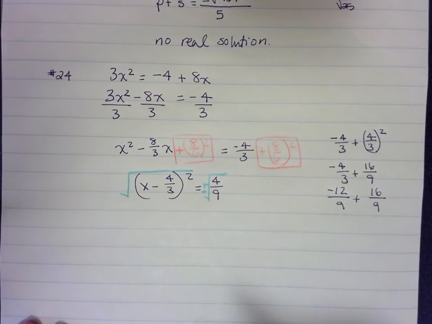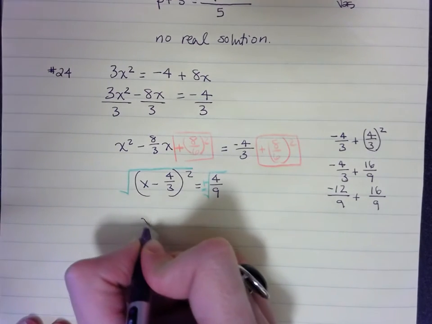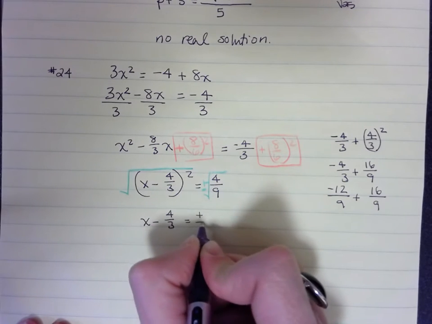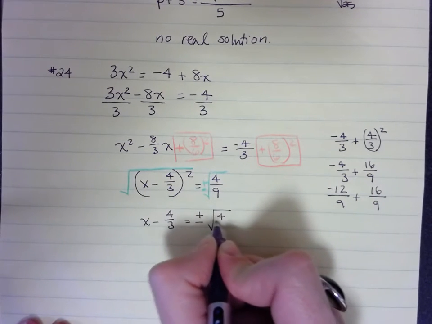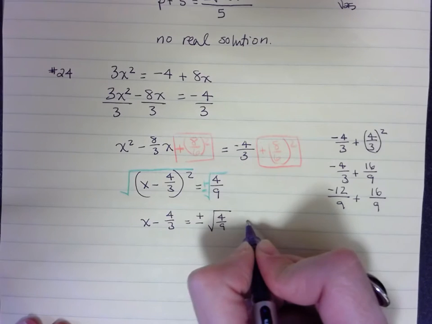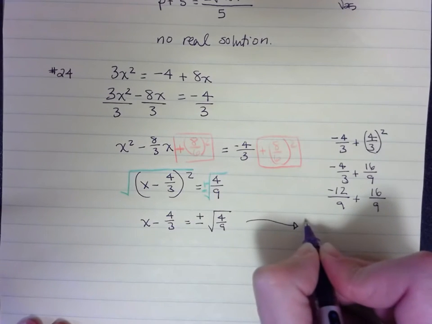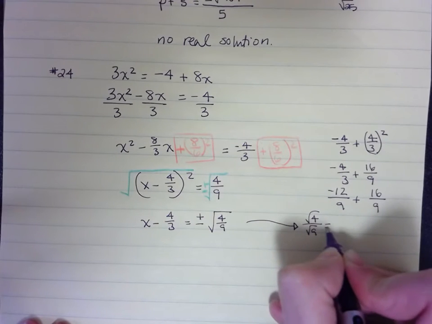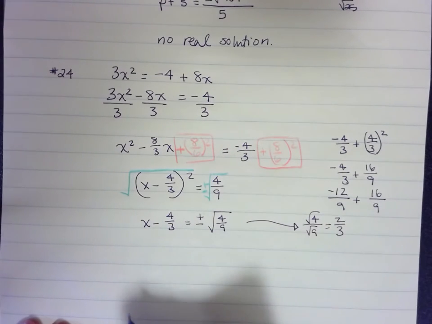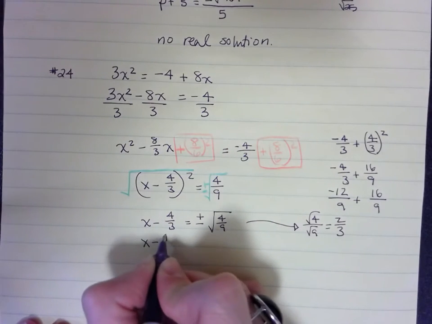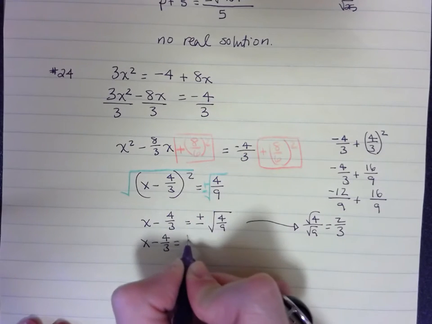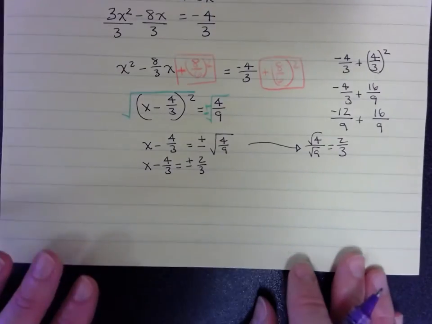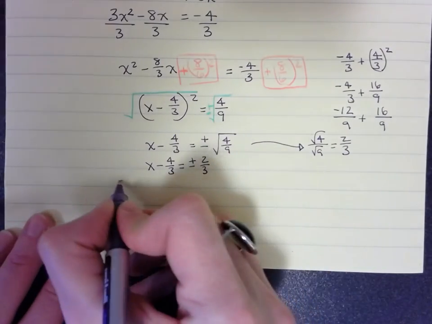Once we get the square root property, we have our x minus 4/3 equals plus or minus the square root of 4/9. And again, it's important to know your radical rules. Plus or minus the square root of 4/9 is the square root of 4 over the square root of 9, which equals 2/3. So I can write x minus 4/3 equals plus or minus 2/3. And this is where we have to set up our trusty t-chart.